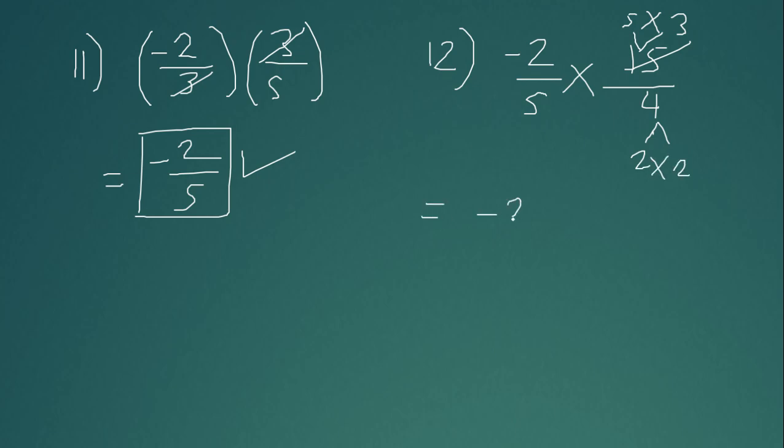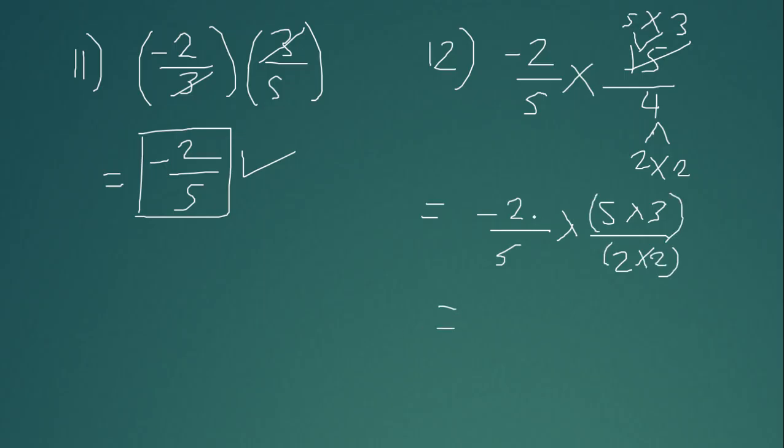So negative 2, 5 times 5 times 3. And we have 2 times 2. Now, cancellation method. Cancel, cancel, cancel, cancel.